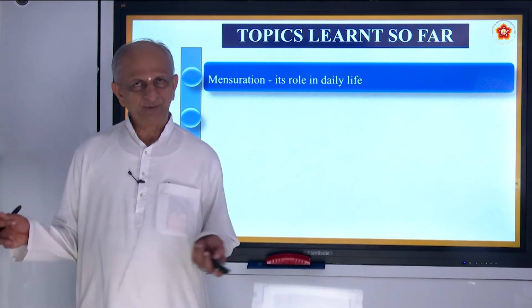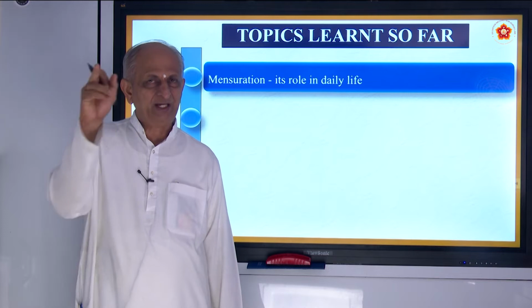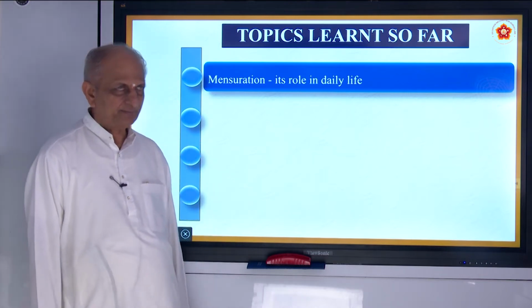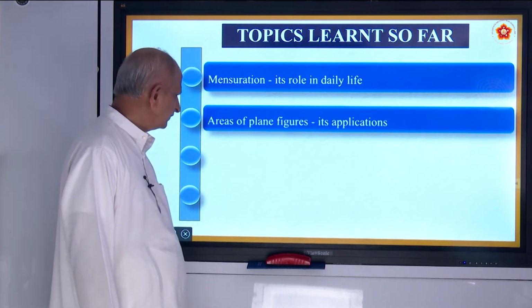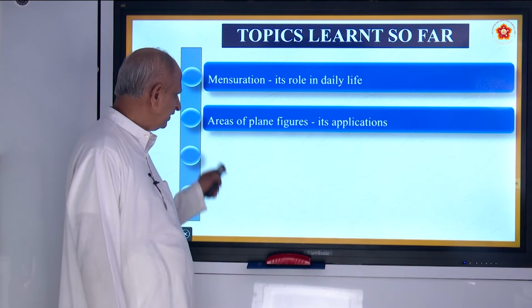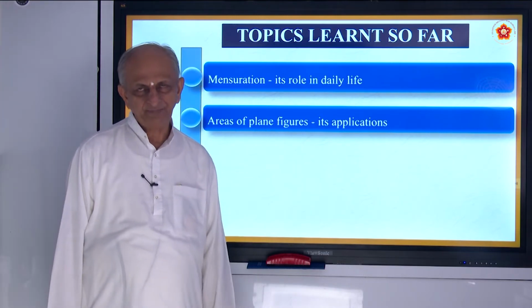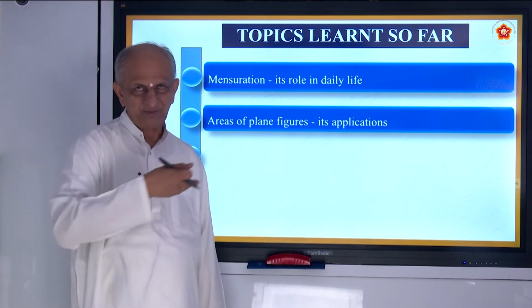Similarly, you will be knowing about perimeters. What is perimeter? Total length of the boundary, correct? So that's also what we have studied in the previous class. So areas of plane figures, its applications, just now I was telling about that. Even you might have heard about the parks I was telling about.